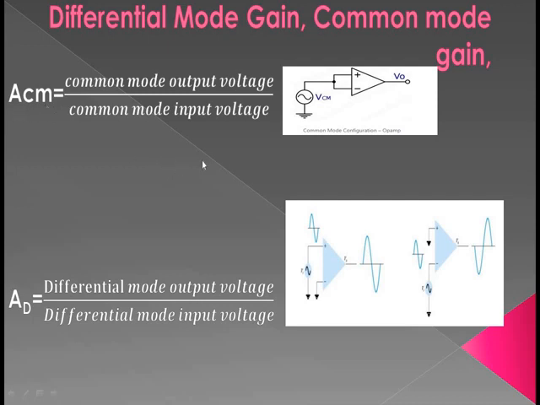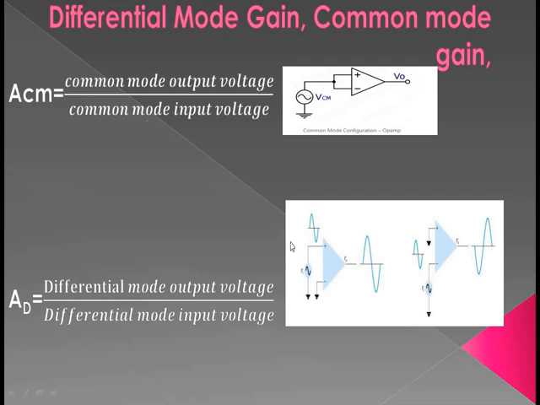Gain means if we give 10 rupees to one person and he gives 20 rupees back to us, then 10 is our gain. Just like that, how much voltage is applied at the input and how much voltage we receive at the output is nothing but gain, which is calculated as common mode output voltage divided by common mode input voltage.